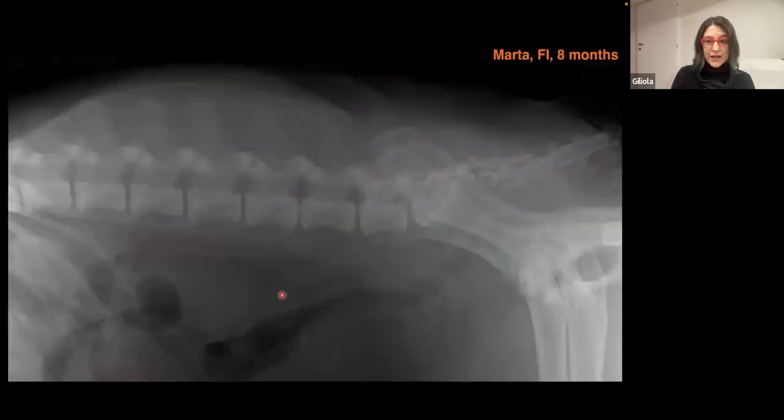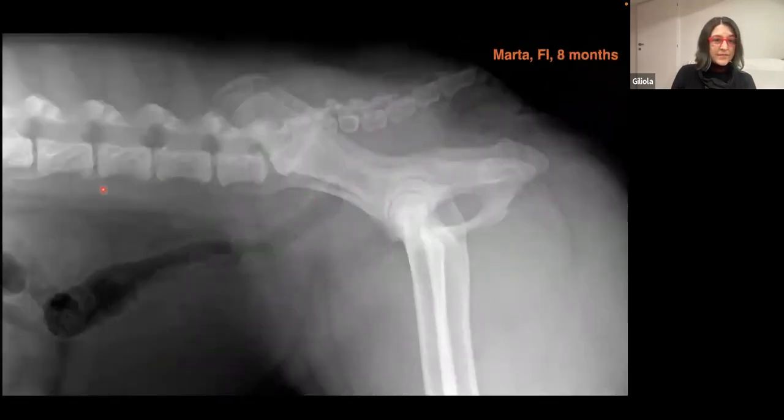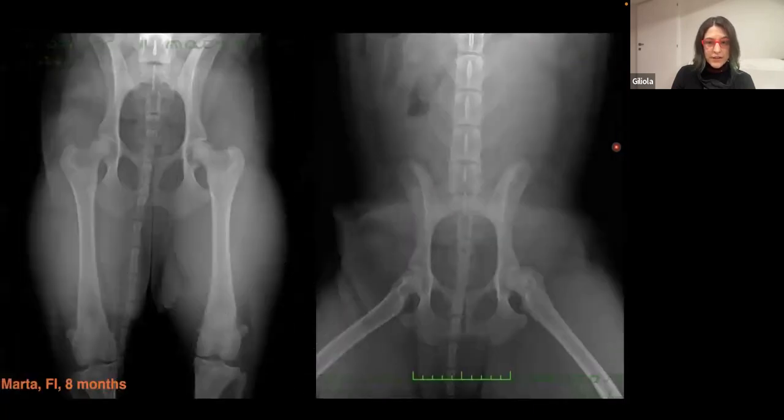These were the radiographs of Marta when she was 8 months of age. Nothing was found. We were checking carefully for signs of potential trauma, not the best hip in the world, but no changes so severe that could explain why on the right side there was this persistent lameness. Look at the muscle tone.